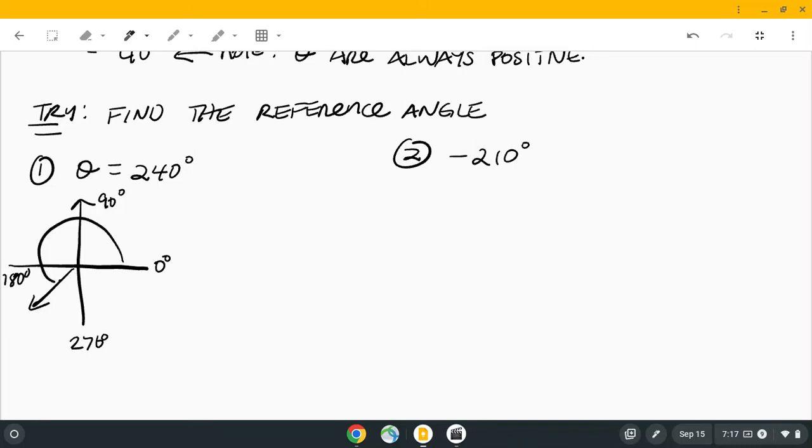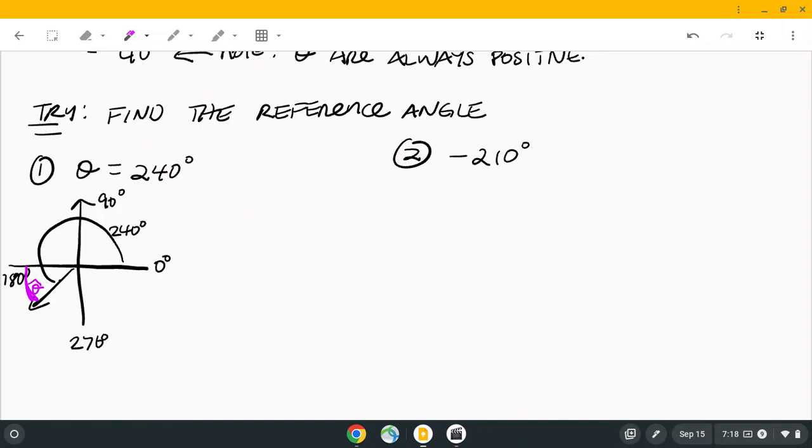This is 240 degrees. And what I'm trying to find is this itty bitty angle that's actually in, where can I draw it? I don't have any room. Okay. This piece right here is going to be my theta hat.